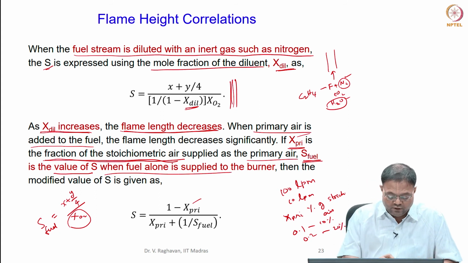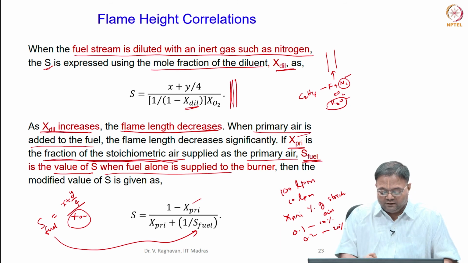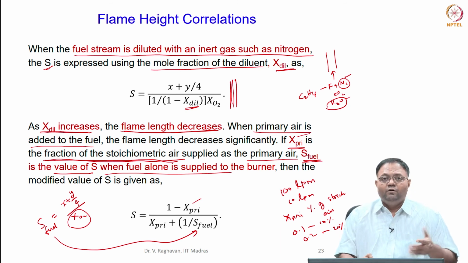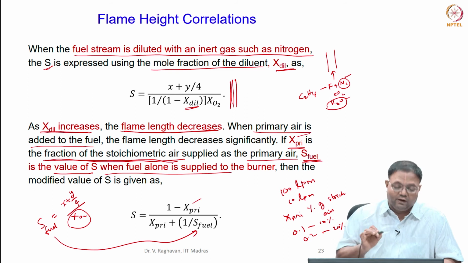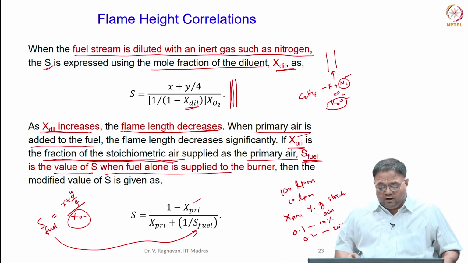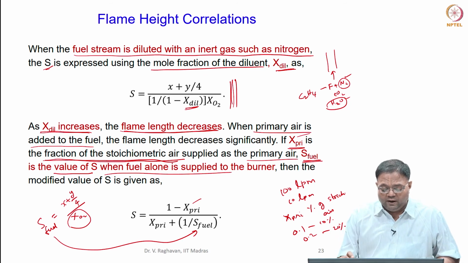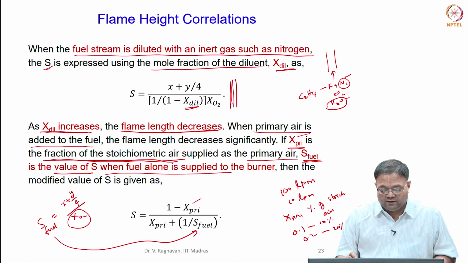So this is calculated, then substituted here. Other than that we have 1 minus Xp, which is the fraction of the fuel, divided by Xp plus 1 by S fuel, which is calculated like this. So you can see that when you supply primary air, there will be a clear reduction in the flame height.